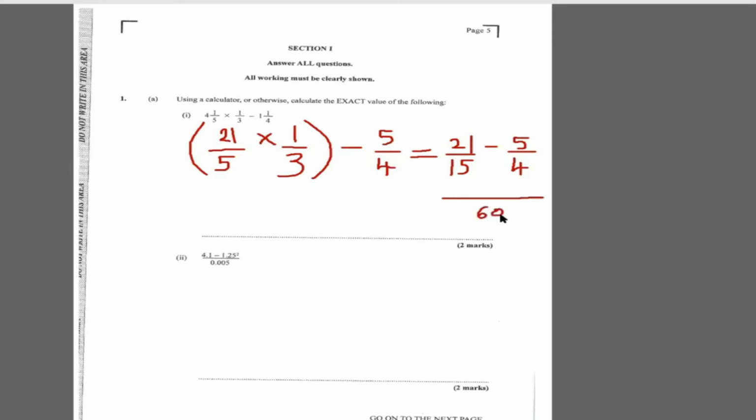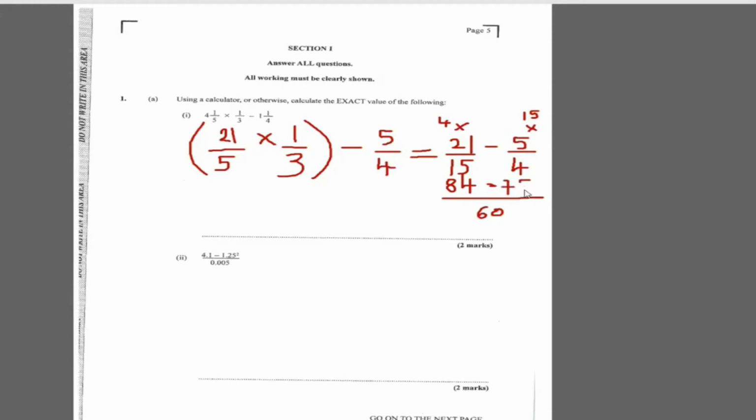So we're going to say 15 into 60, that goes 4 times. So we say 4 times 21, that is 84. That's 84 minus 4 into 60 goes 15 times. So that's 15. 15 times 5 is 75.